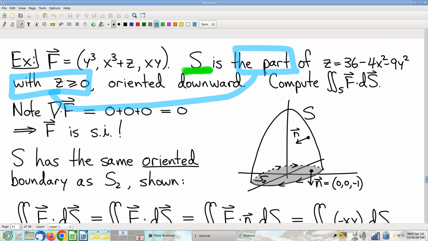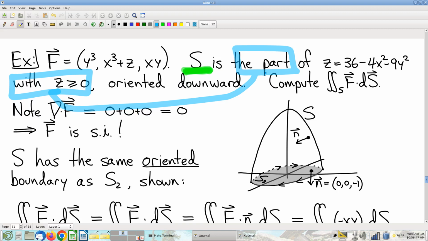This does not say S is the part of the paraboloid with z greater than or equal to 0 combined with the part of z equals 0 inside of the paraboloid. That whole second clause is not in there. Does everybody see this distinction?